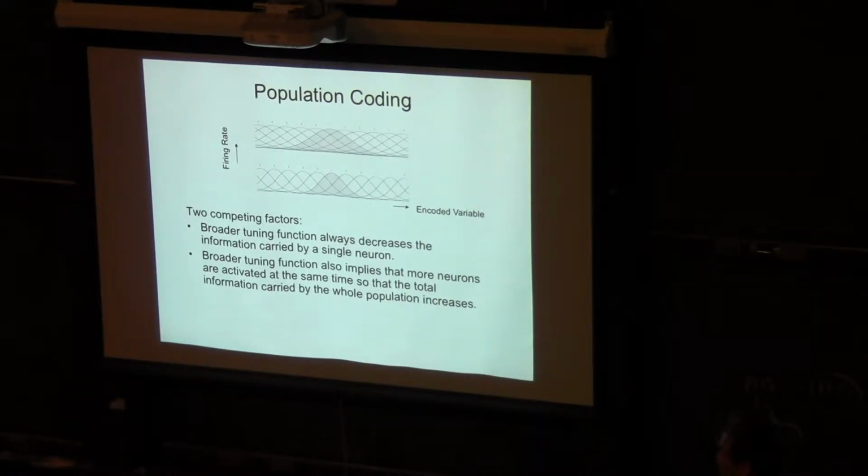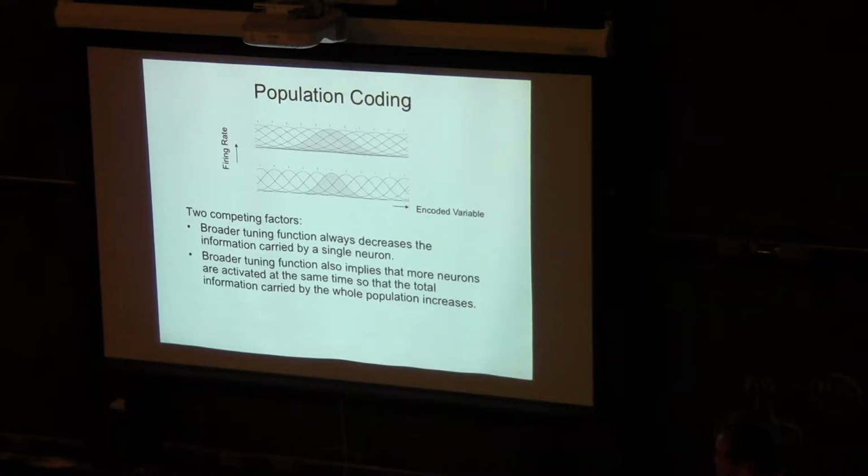You say the lower case gives you more information, in the sense that if that cell fires, you know that your variable must be located somewhere within this range. It's not possible to be very far away. For that individual cell, more narrow tuning gives you more precise information about where that thing is located. But on the other hand, if you use the whole population, the picture may become different.